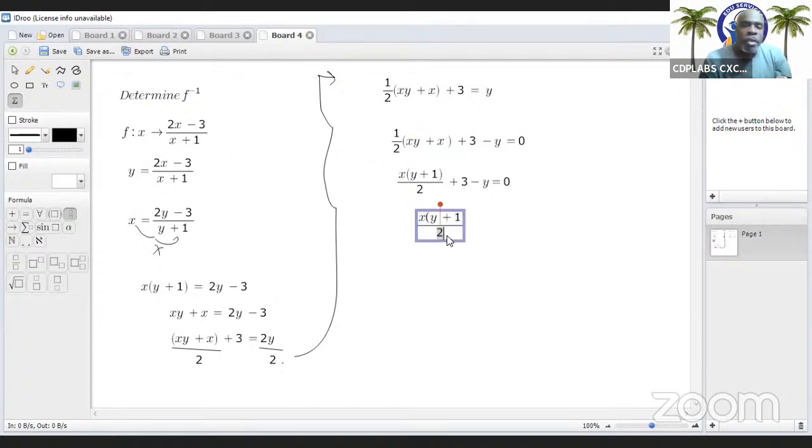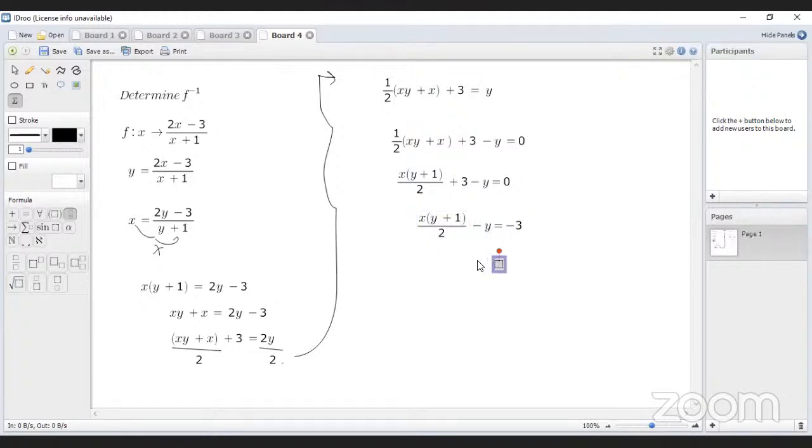And we're going to carry over the 3. So you have minus y. So this is a bracket right here. So we'll have minus y right here. Then you have minus negative 3 on this side. Good?